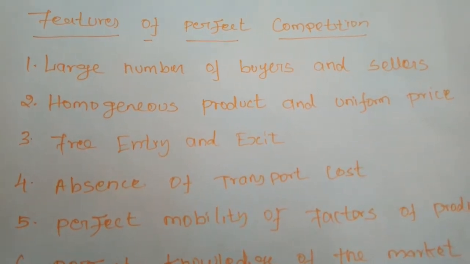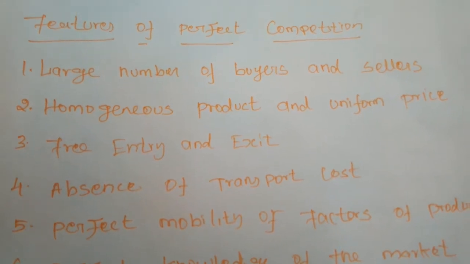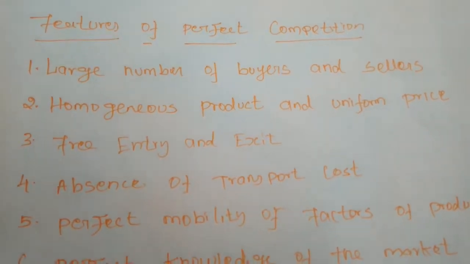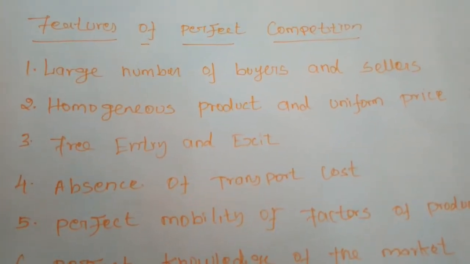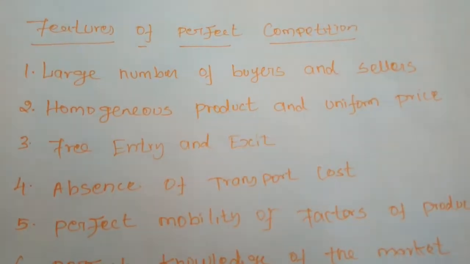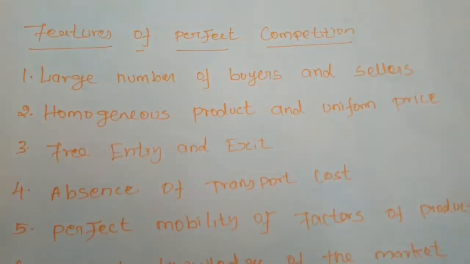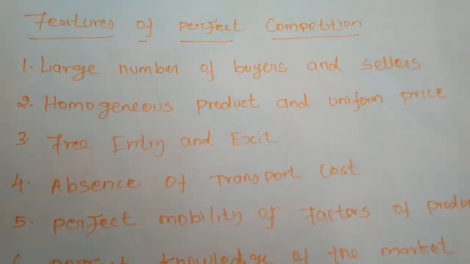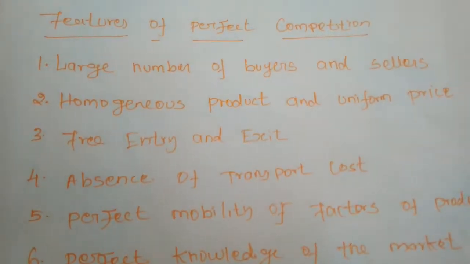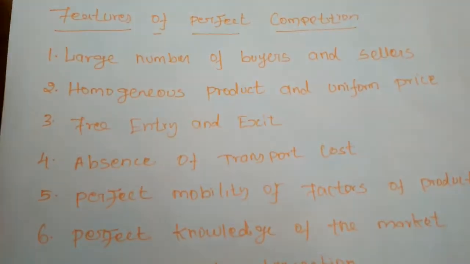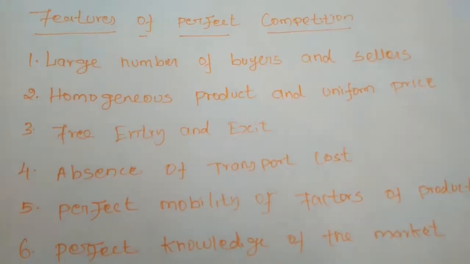Different types of fish may be there, but all the sellers have a uniform price. If the price is higher with any seller, the buyers will go to the sellers with the lower price. So all the sellers decide to fix a uniform price. So in the perfect competition market, the homogeneous product will be there and a uniform price will be followed.